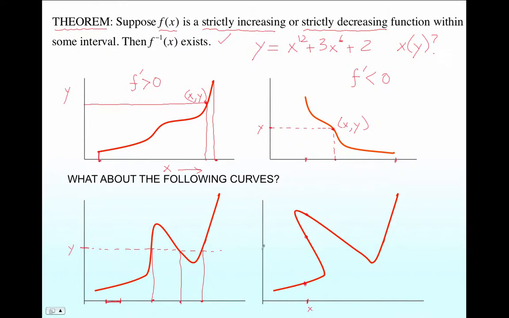And correspondingly, if I give you, let's say, this value of y, well, then it could be 1, 2, 3 different values of x that could correspond to that. So this is not invertible, does not have an inverse, and this is not invertible. In fact, it's not even a function.